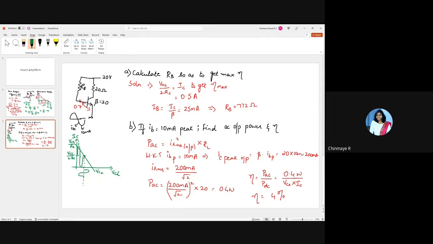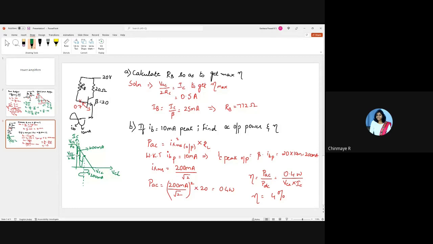So 500 milliamperes is the peak that you can get while you are having the peak amplitude of just 200 milliamperes, right? Current. So therefore now you are having a peak current of only 200 milliamperes, whereas this can tolerate a current of up to 500 milliamperes, and your efficiency will be maximum when you have a full swing.